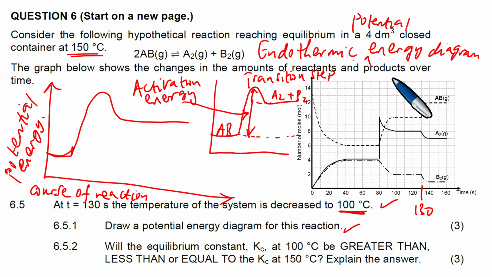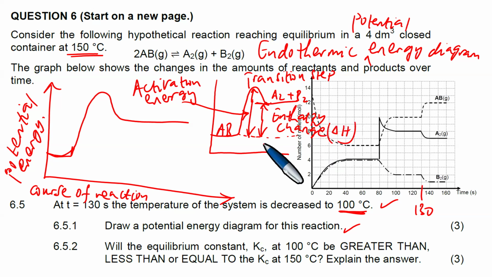So this is the endothermic potential energy diagram. It's like this. Here we put the enthalpy change, which is delta H. I know this is very untidy.